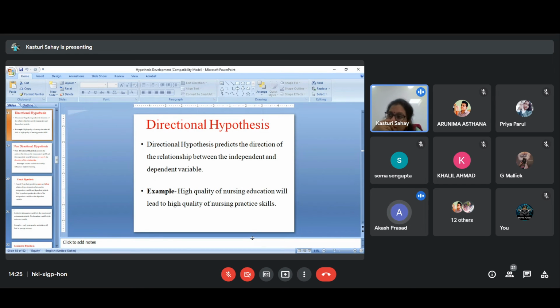Yes, in directional hypothesis, if one is increasing, the other is increasing. It can also be that if one is increasing, the other is decreasing. Just that you are predicting the direction of the relationship, in which direction it will move, whether up, that is increase, or a negative relation or a positive relation. Okay, ma'am. Thank you, ma'am.